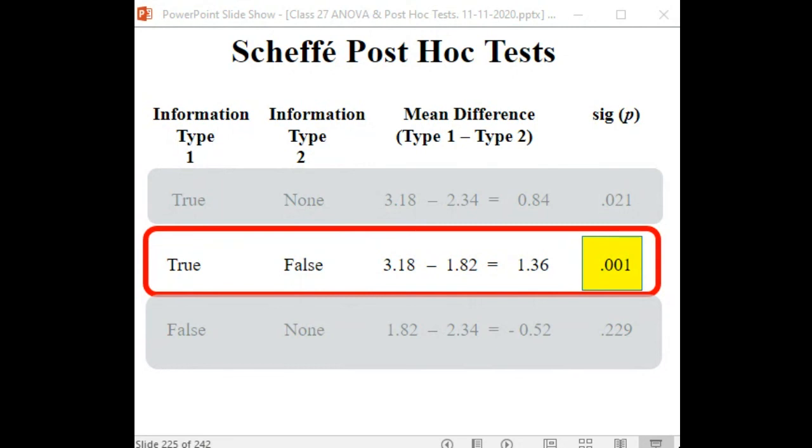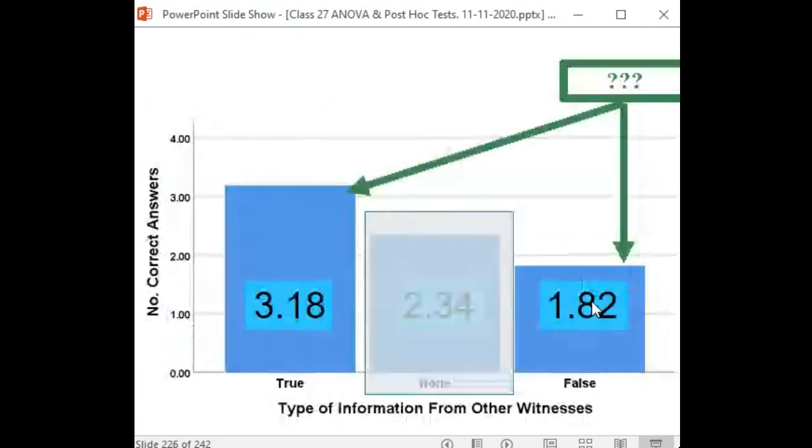So the difference is statistically significant. So the means of these two groups are significantly different from each other. That is, the students given true information gave more correct answers than the students given false information.